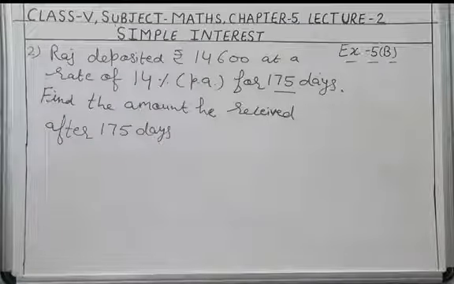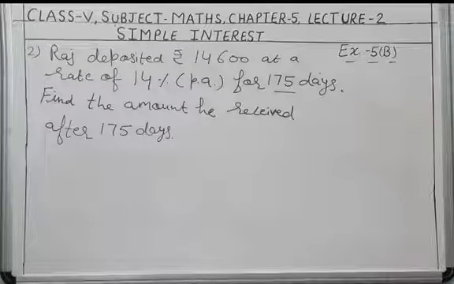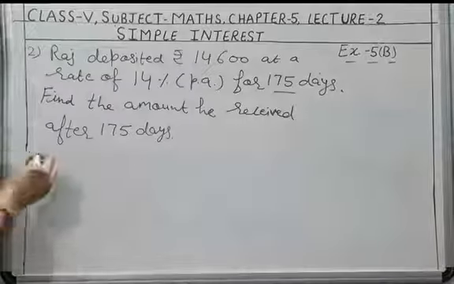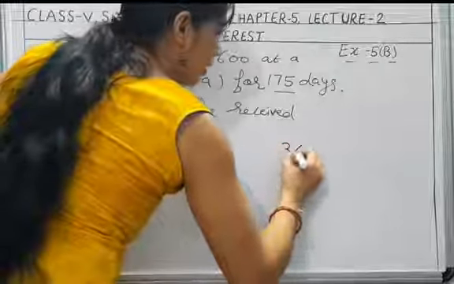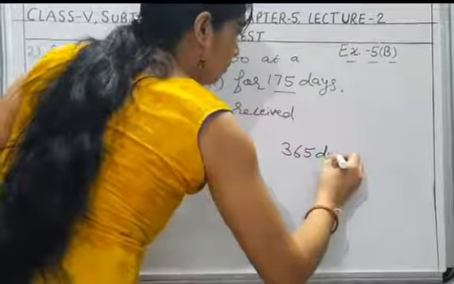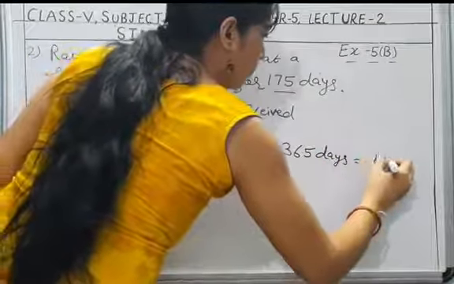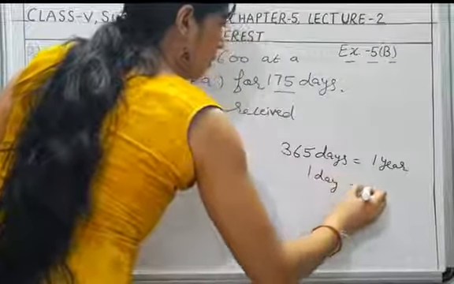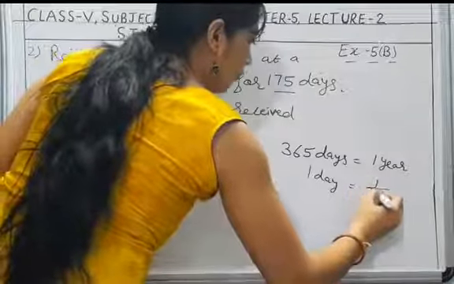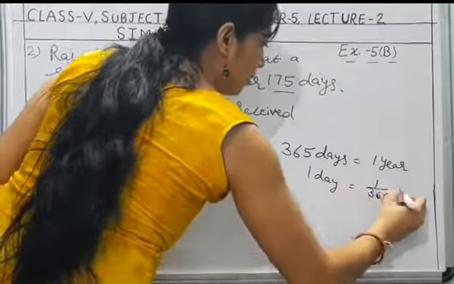When the time is given in days, then it should be divided by 365 to convert it into years. Okay, because we all know 365 days is equal to 1 year. So 1 day is 1 upon 365 years.